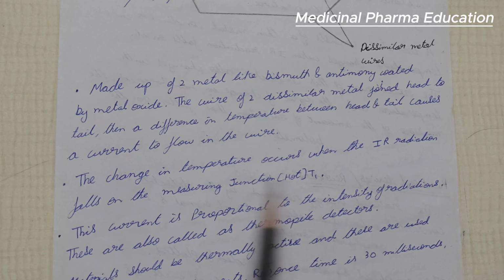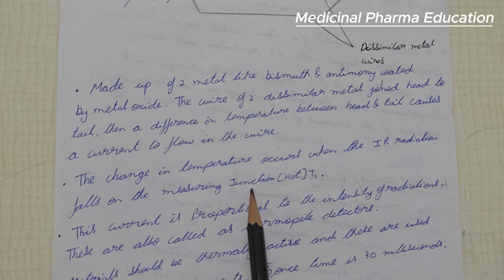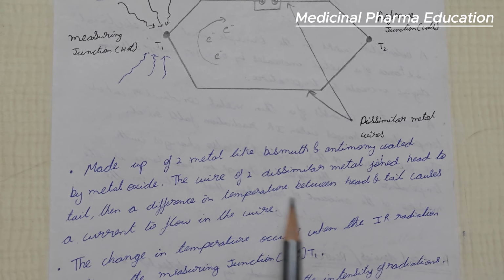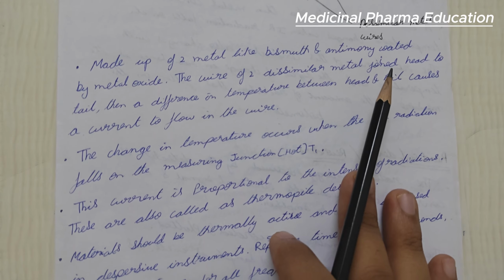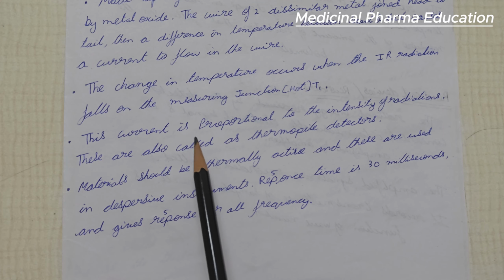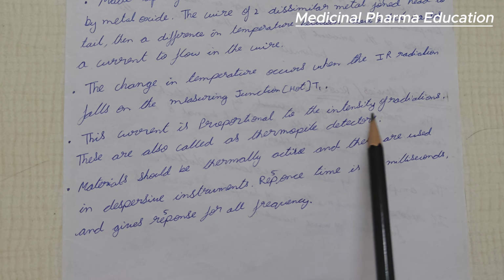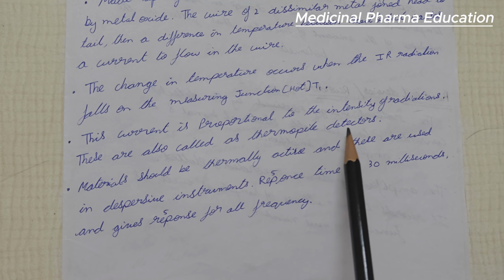The change in temperature occurs when the IR radiation falls on the measuring junction T1. This current is proportional to the intensity of radiation, and this is also called a thermopile detector.